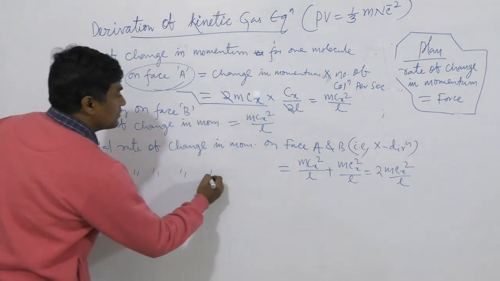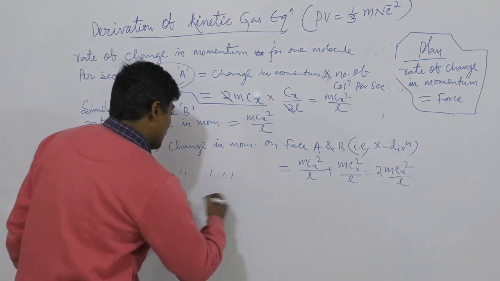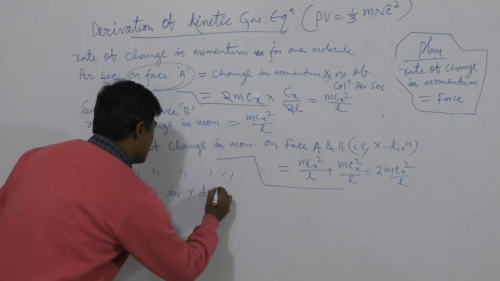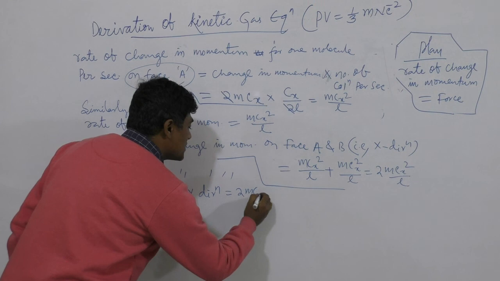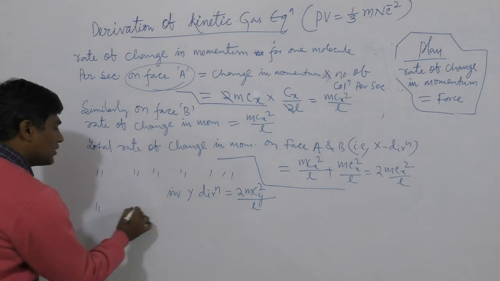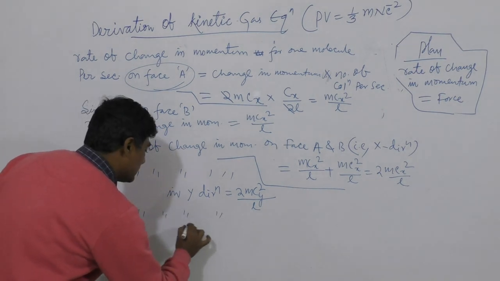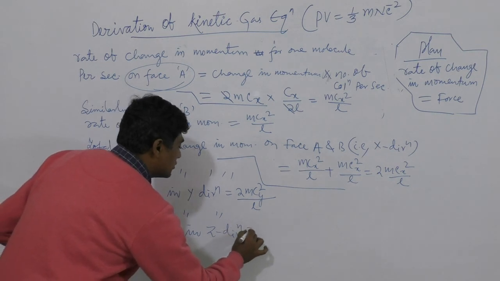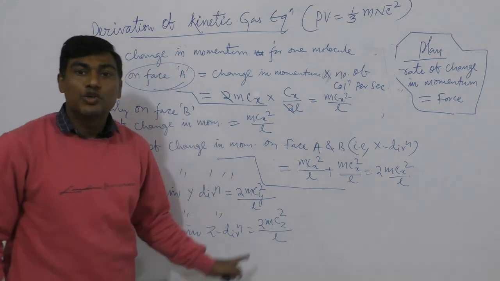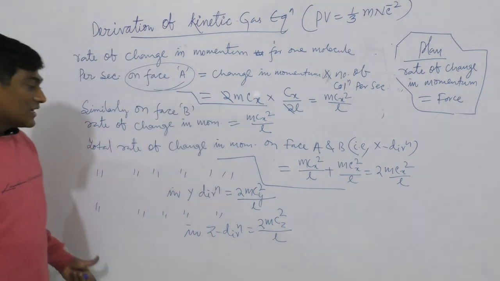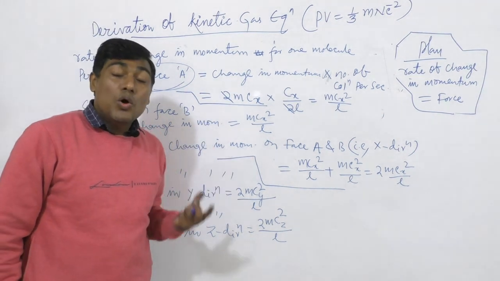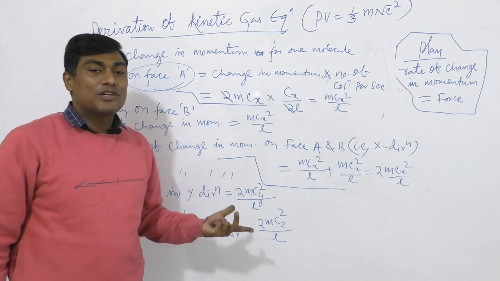The total rate of change in momentum in the y direction is equal to 2mcy square by L. Similarly, the total rate of change in momentum in the z direction is equal to 2mcz square by L. So now in all three directions, x, y, z, we have the rate of change in momentum.